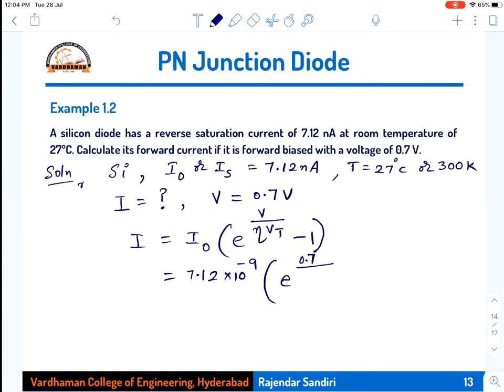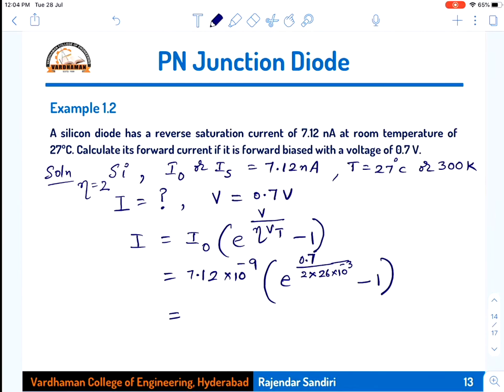Silicon is given, right? What is the value of eta for silicon? Eta is equal to 2 for silicon, 1 for germanium. So 2 into Vt. Vt directly at room temperature, I need not calculate kT by q, which is T by 11,600. Vt is 26 millivolts, 26 into 10 to the power of minus 3, minus 1. So this is what you can calculate and tell in the chat box.